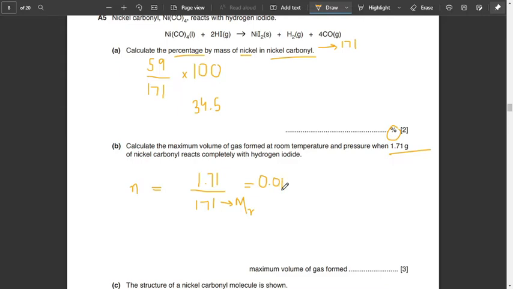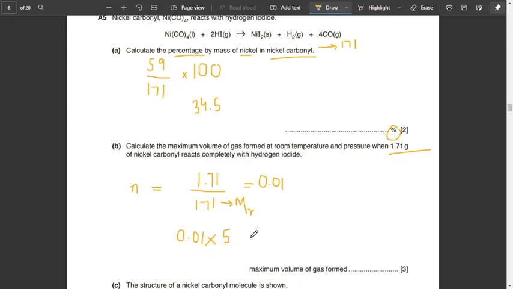Okay, so if we move ahead, we're going to calculate the maximum gas formed at room temperature. Now we will multiply it by 5, so 0.01 into 5, the moles into 5, and then of course whatever the answer will be is multiplied by the constant, the molar gas volume at room temperature and pressure.